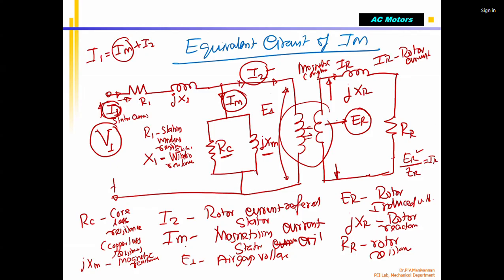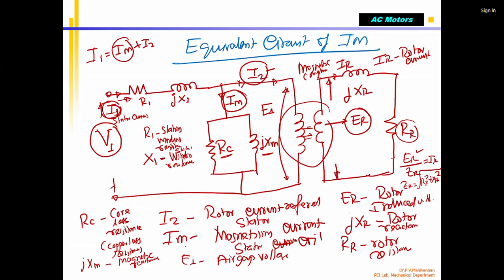ZR equals the square root of RR squared plus XR squared, where RR is the rotor resistance and XR is the rotor reactance. Okay, so I go to the next slide.